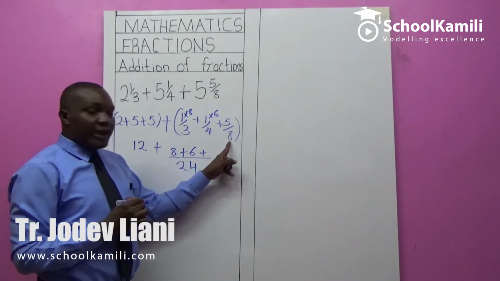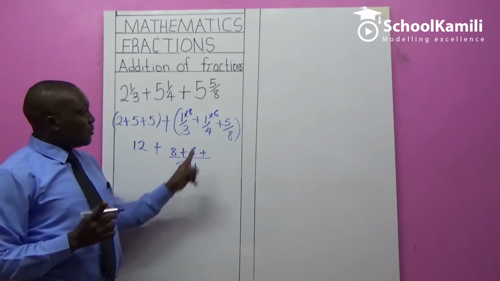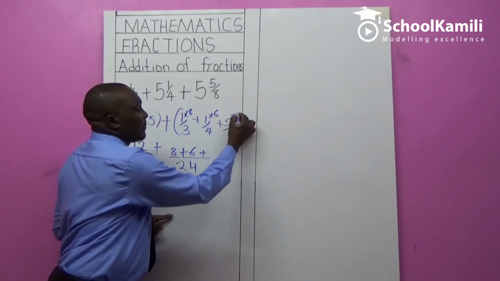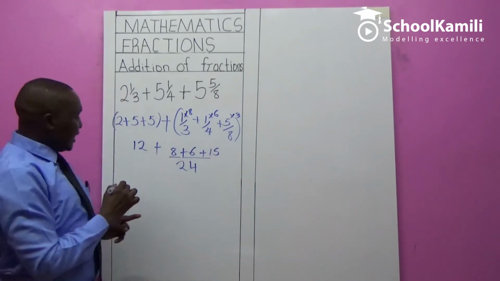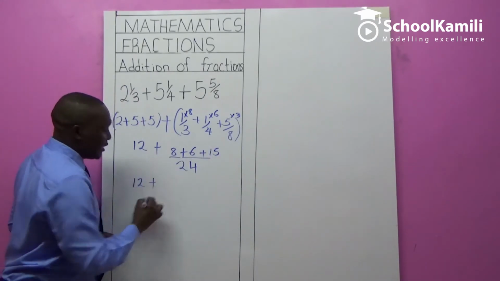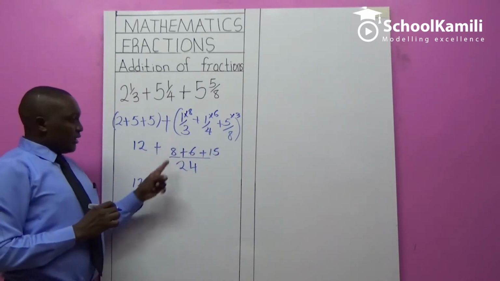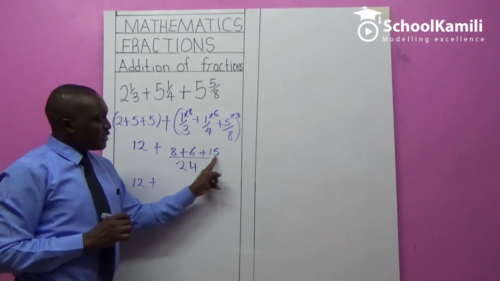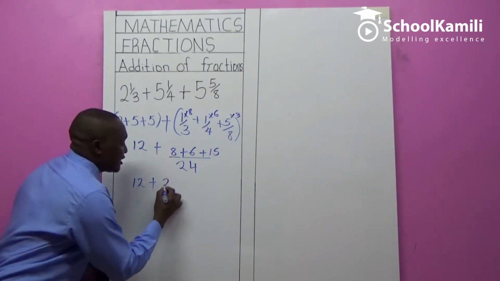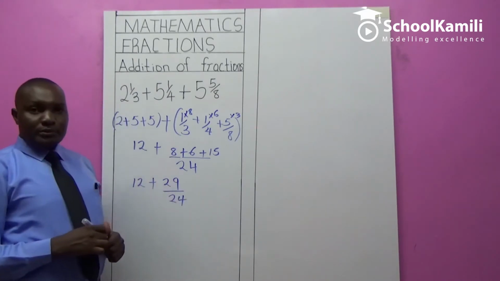How many groups of 8 can you get from 24? That is 3 groups. Multiply that 3 with the numerator, which is 5, and get 15. Such that I have 12 plus 8 plus 6 plus 15. 8 plus 6 gives us 14. 14 plus 15 gives us 29 out of 24.